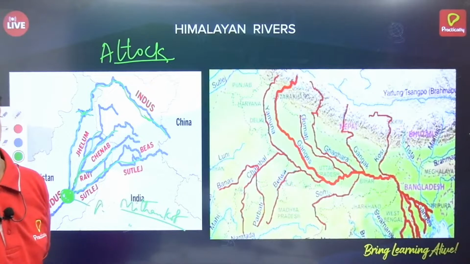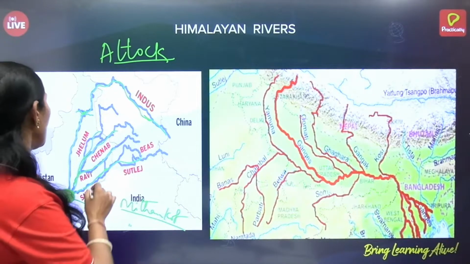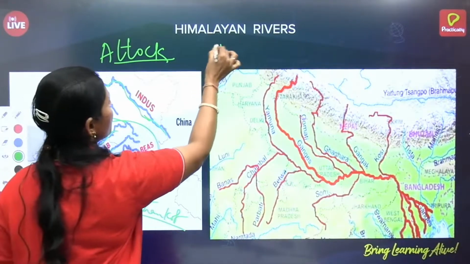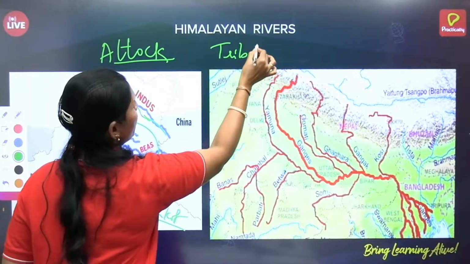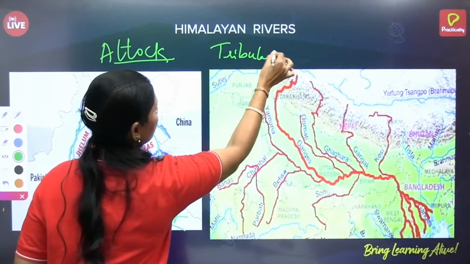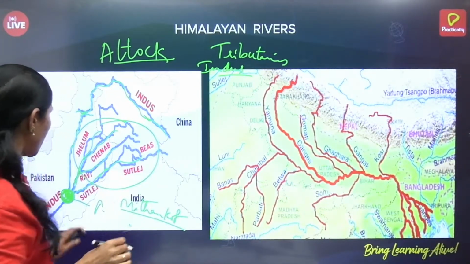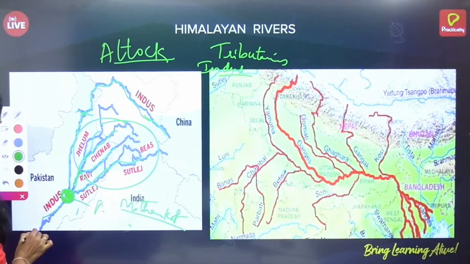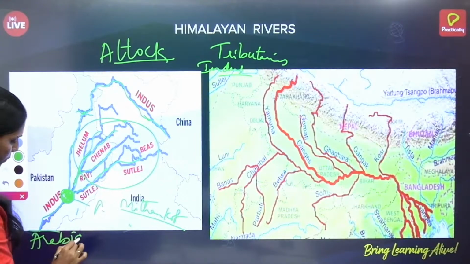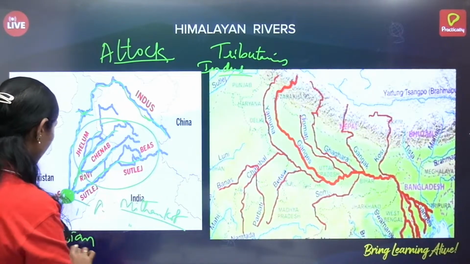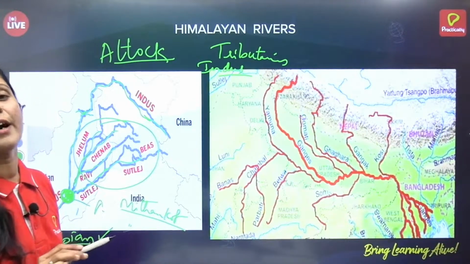Mithankot in Pakistan is where all the five major tributaries of the river Indus join, and finally it ends its journey in the Arabian Sea. It merges with the Arabian Sea.